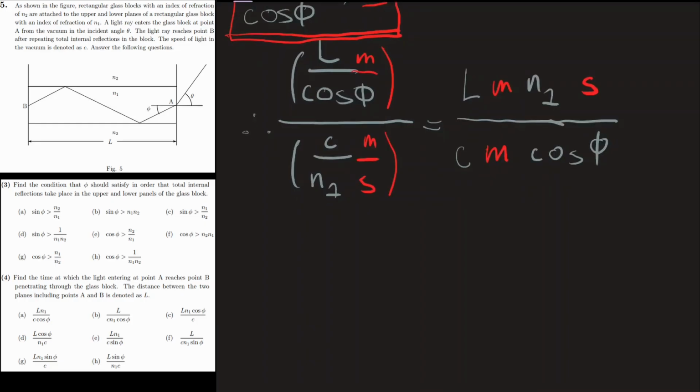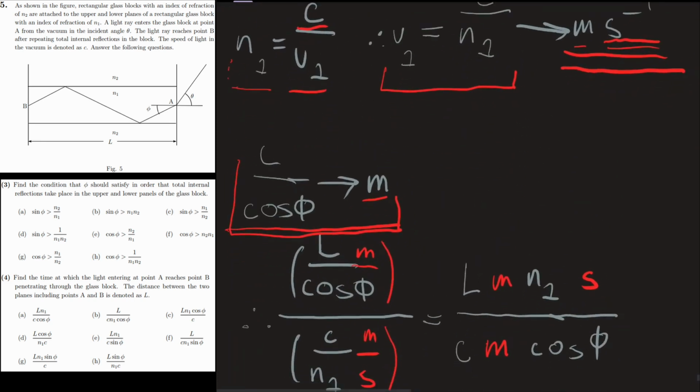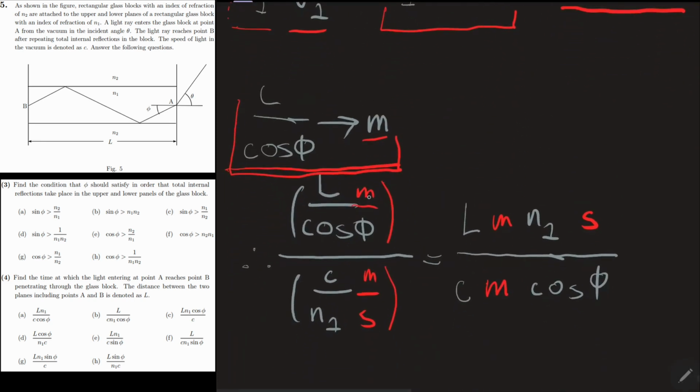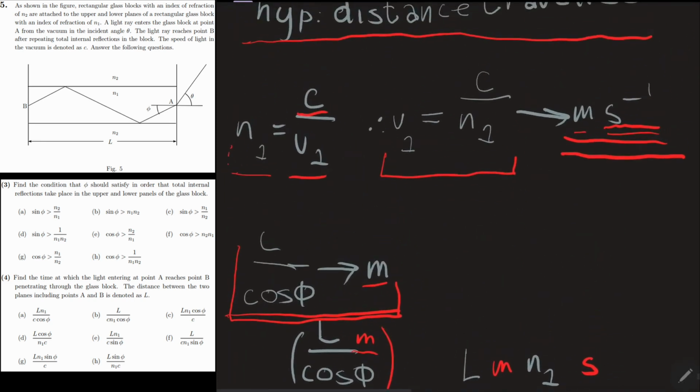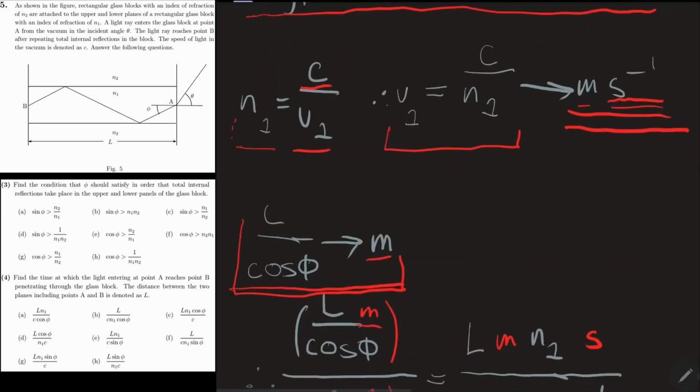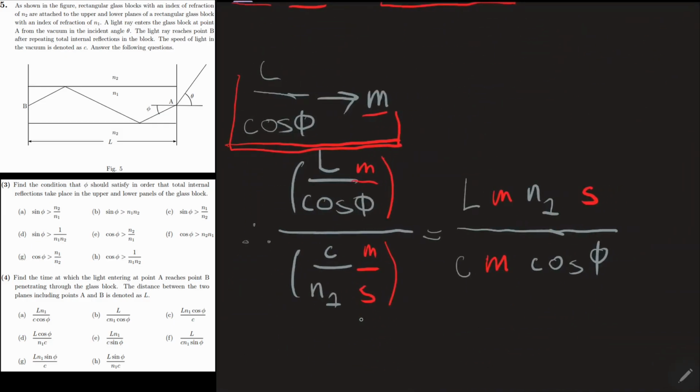And actually, I rewrote it here to make it a little bit more clear. So we have L over cosine phi in meters, so I wrote meters here, and then our speed is c over n sub 1, and that's in meters per second, so here is meters per second. And then we're taking a fraction, dividing it by another fraction. That's the same as taking this fraction, multiplying it by the reciprocal of this one.